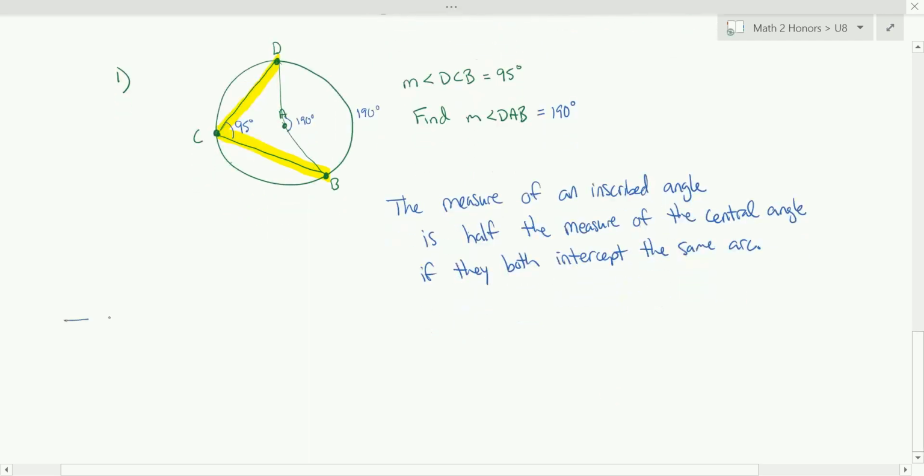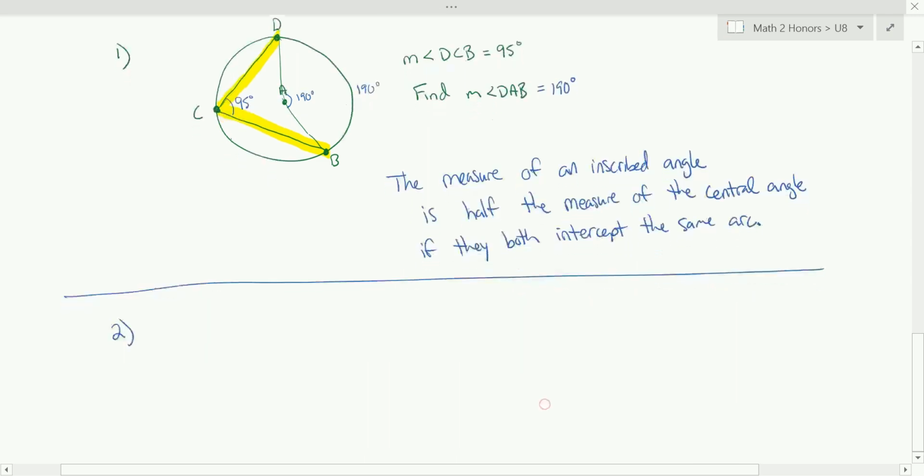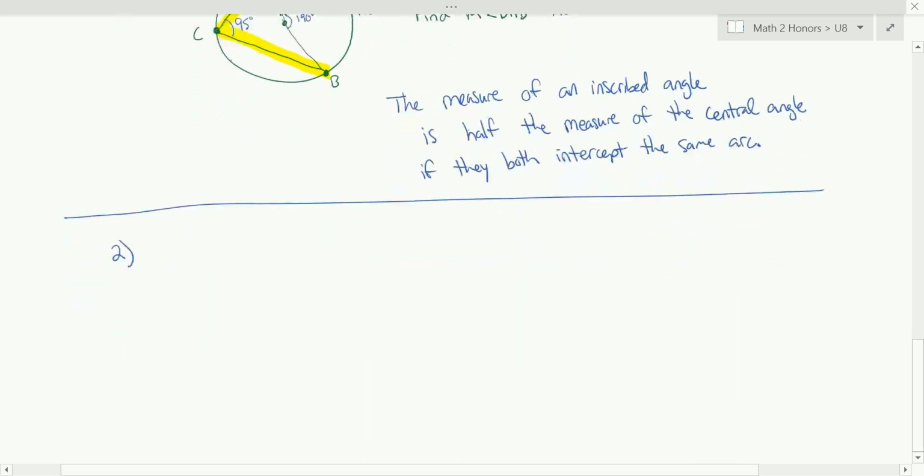Okay, number 2. Give you a circle, center A. I'm going to draw a diameter this time, B to C. We'll pick some point D on the circle, doesn't matter where.